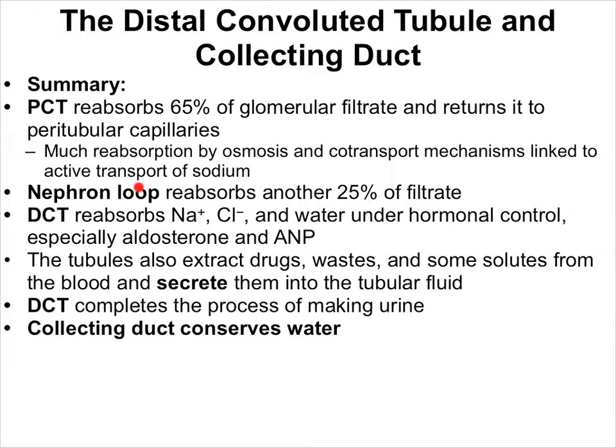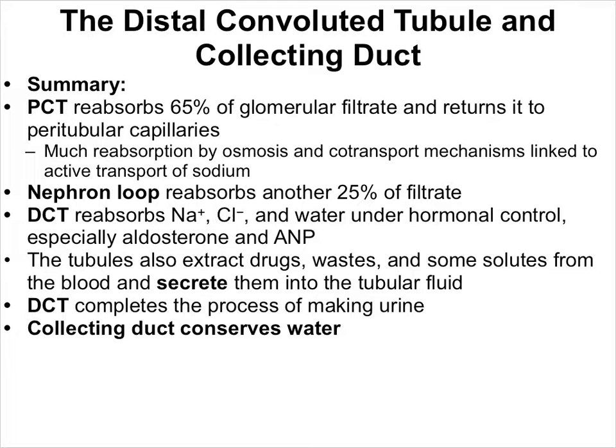Water on the downside, and then sodium, chloride, potassium on the upside. The distal convoluted tubule is going to reabsorb sodium and chloride and water, and this is where most of the hormonal control takes place. How much water you're reabsorbing is going to be controlled in the distal convoluted tubule and the collecting duct.